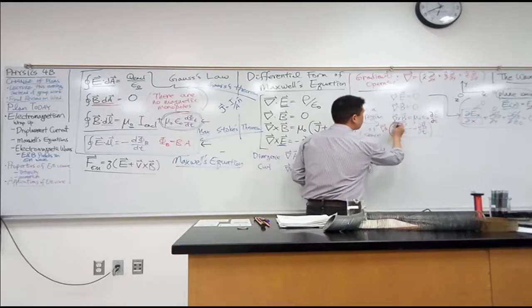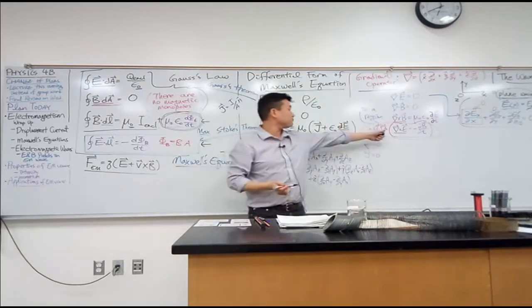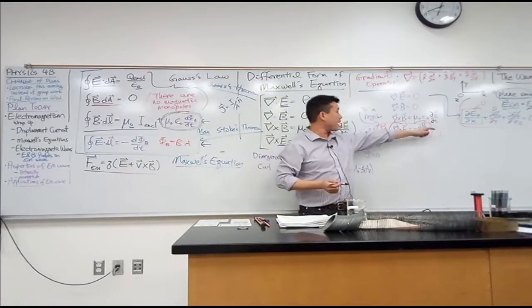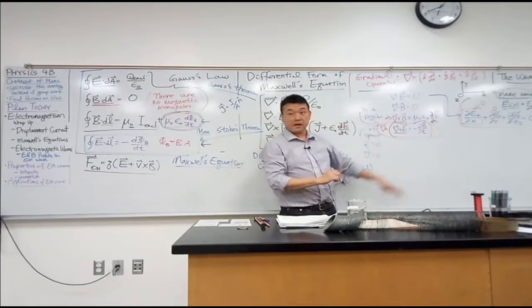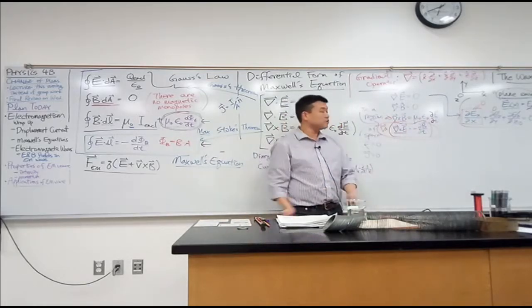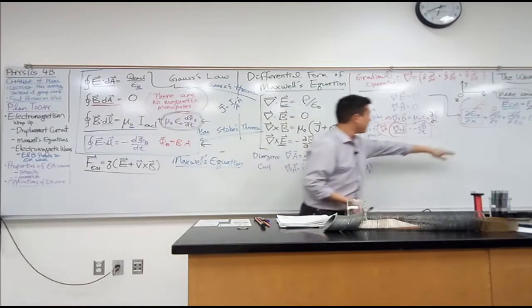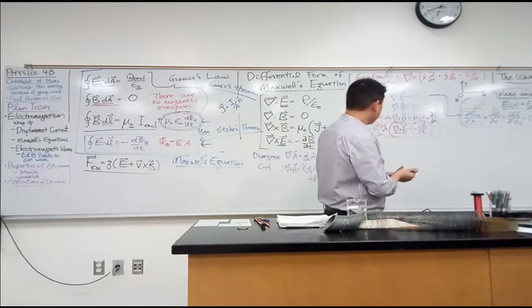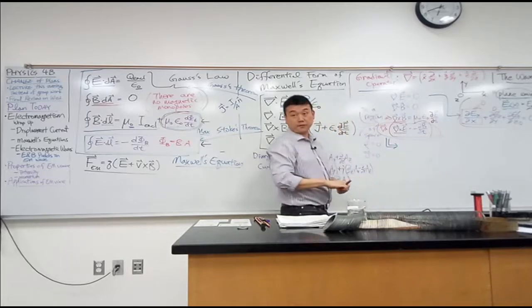So that's what I'm going to do here. I'm going to take this expression and take the curl. The right-hand side will give me something that I know how to deal with using this expression here. And the left-hand side, I'll just need to work it out. So let me keep the left-hand side simple for now.